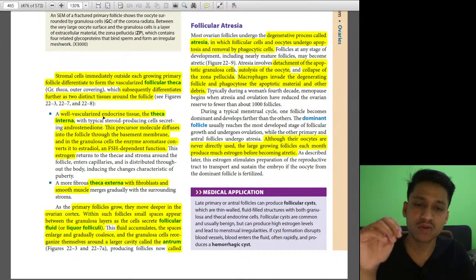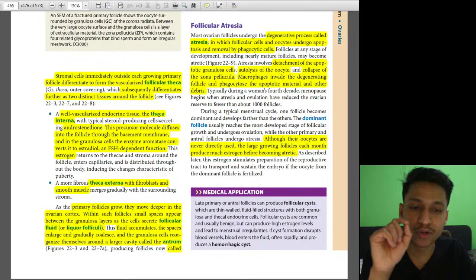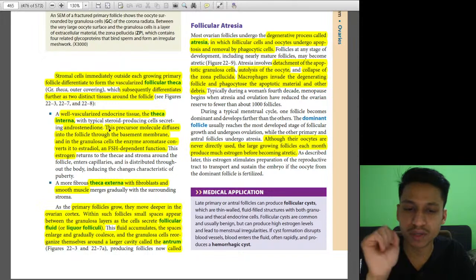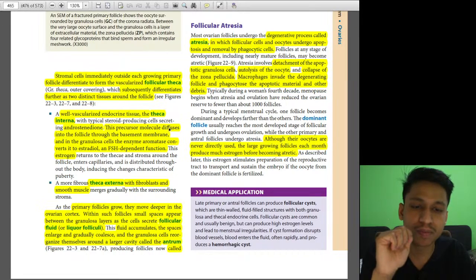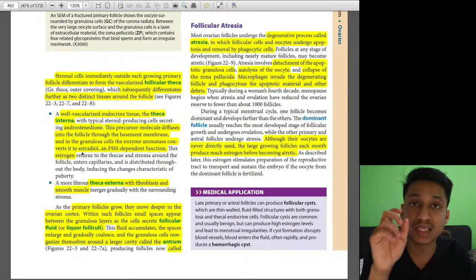A well vascularized endocrine tissue, so it secretes hormones, the theca interna, with typical steroid-producing cells, secreting androstenedione, which is basically an androgen. This precursor molecule diffuses into the follicle through the basement membrane, and in the granulosa cells, the enzyme aromatase converts it to estradiol, an FSH-dependent function.